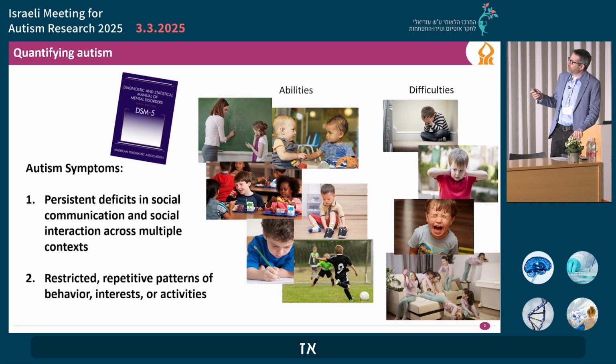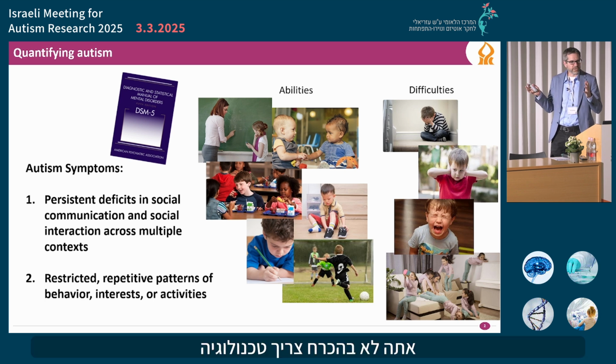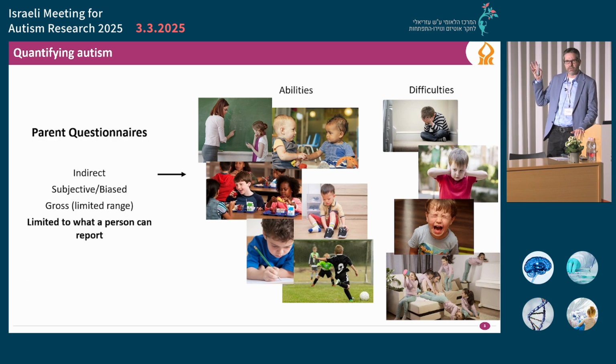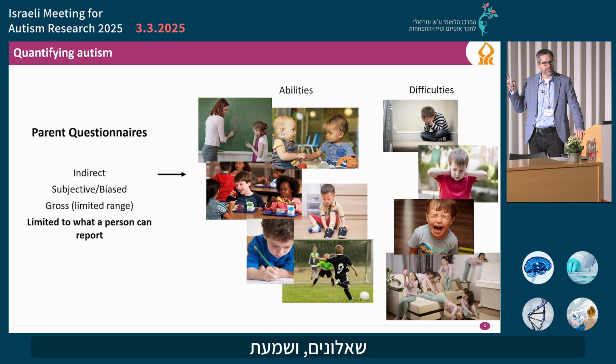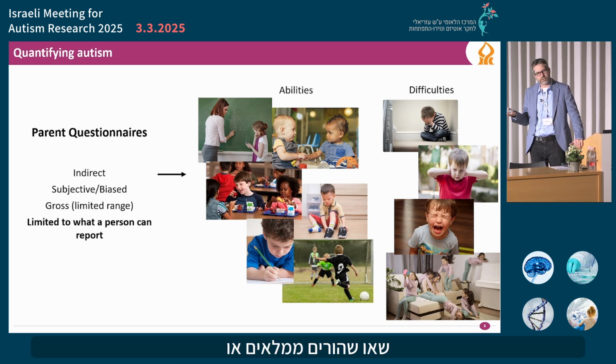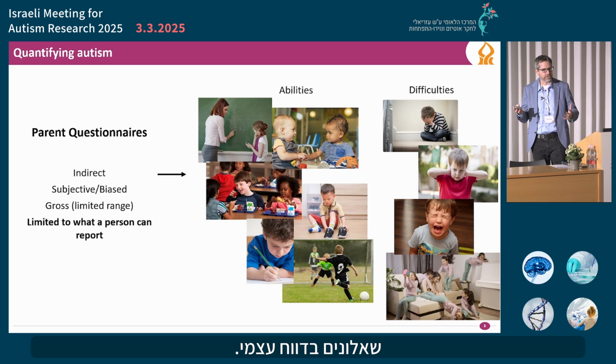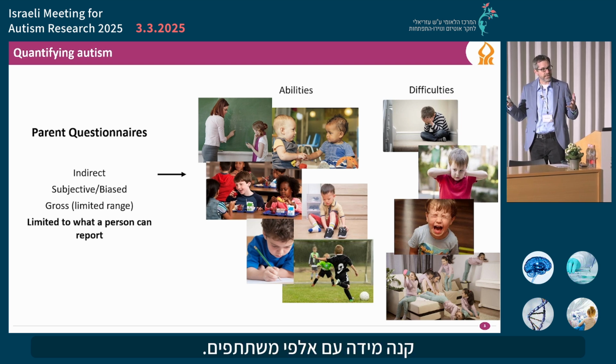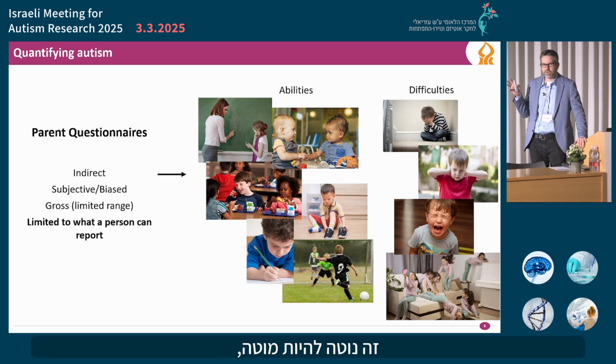And so you don't necessarily need technology to measure these two things, and a lot of us are measuring them right now with questionnaires. You heard a ton of research today that's based on questionnaires that either parents fill out or self-reported questionnaires. I think it's obvious that even though that kind of data is easy to collect and you can do it at scale with thousands of participants, it tends to be biased.